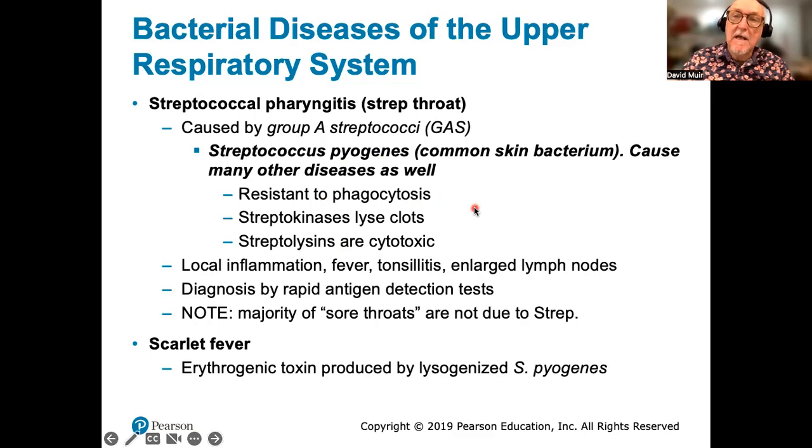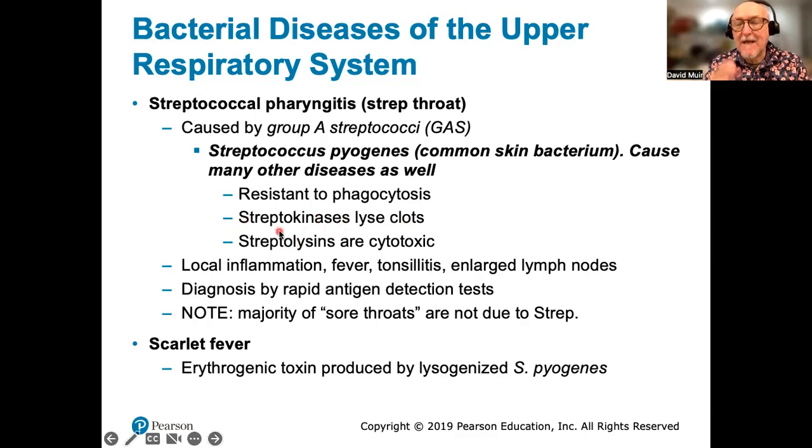The first is that they have a thick capsule around them and a couple of other features which make them resistant to phagocytosis by macrophages and other cells of the immune system, which are normally the first line of immune response.